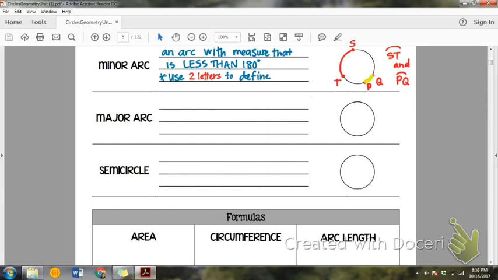So if a minor arc is an arc with a measure that is less than 180, the deduction we can make is that a major arc, I think you guys are getting it, is an arc with a measure that is greater than 180.